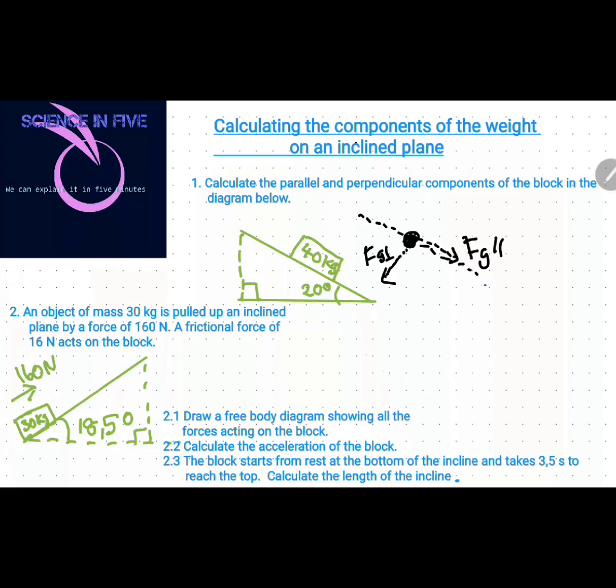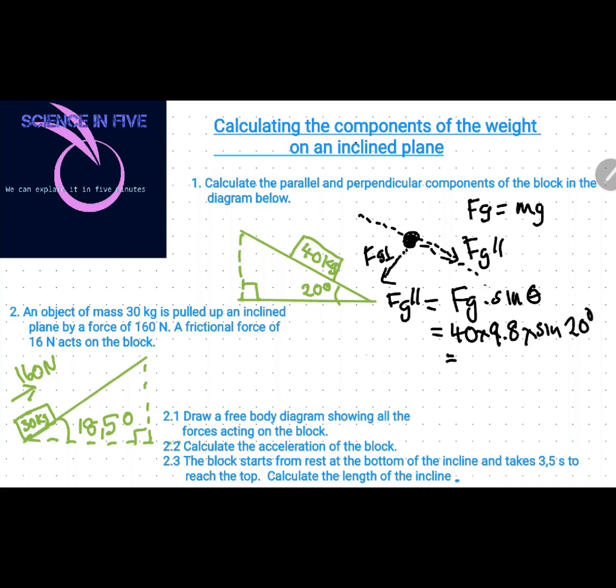So we already know that to calculate weight parallel is the same as weight times the sine of theta. The mass of the object is 40 kg. Fg is equal to mg always. The weight is mass times gravitational acceleration, so it's 40 times 9.8 times the sine of 20 degrees.